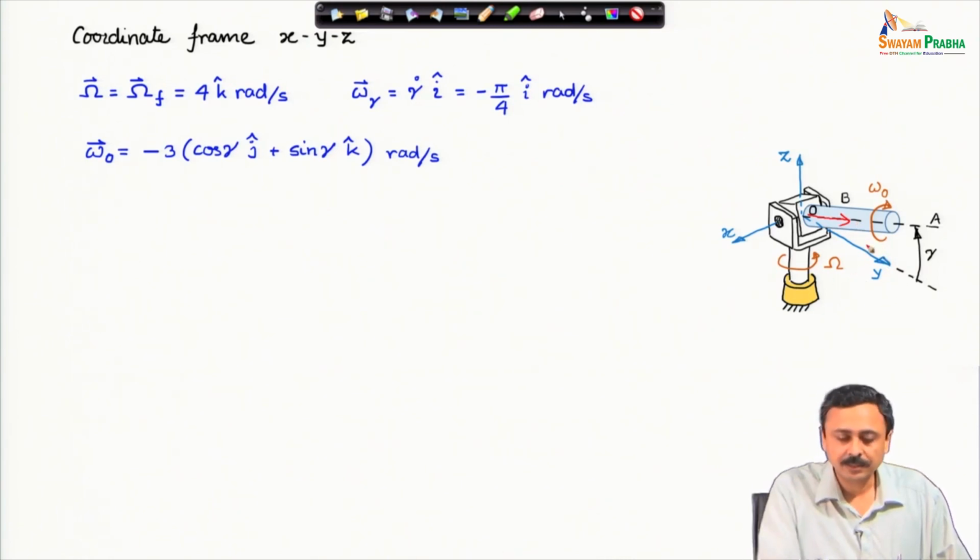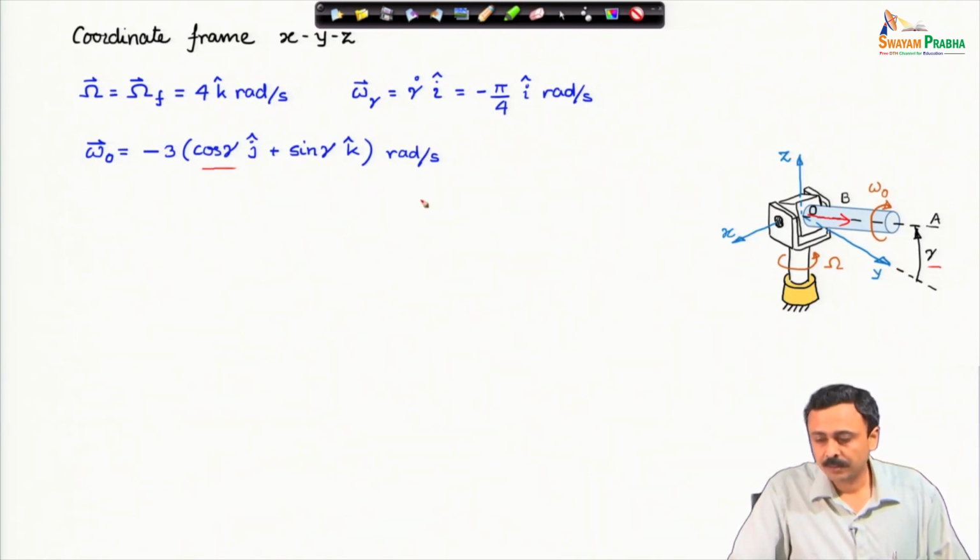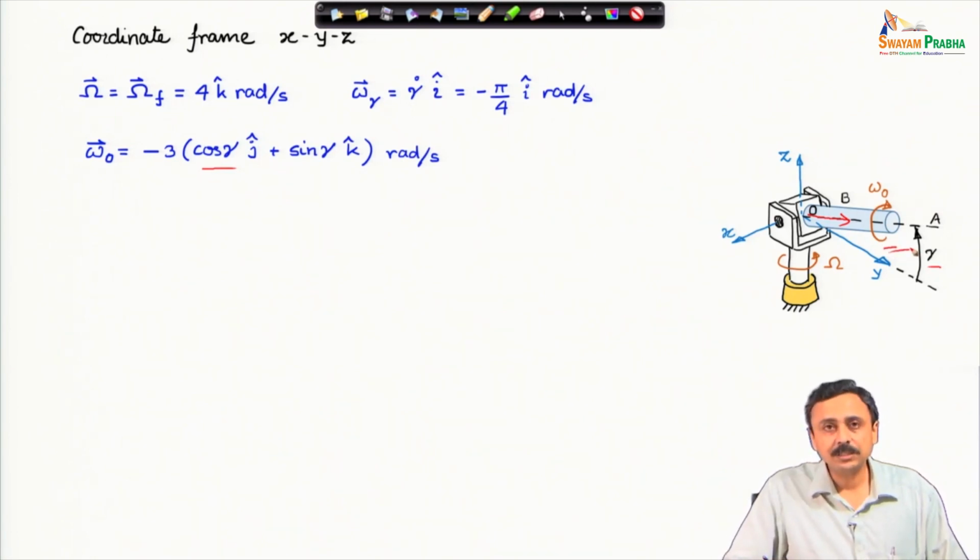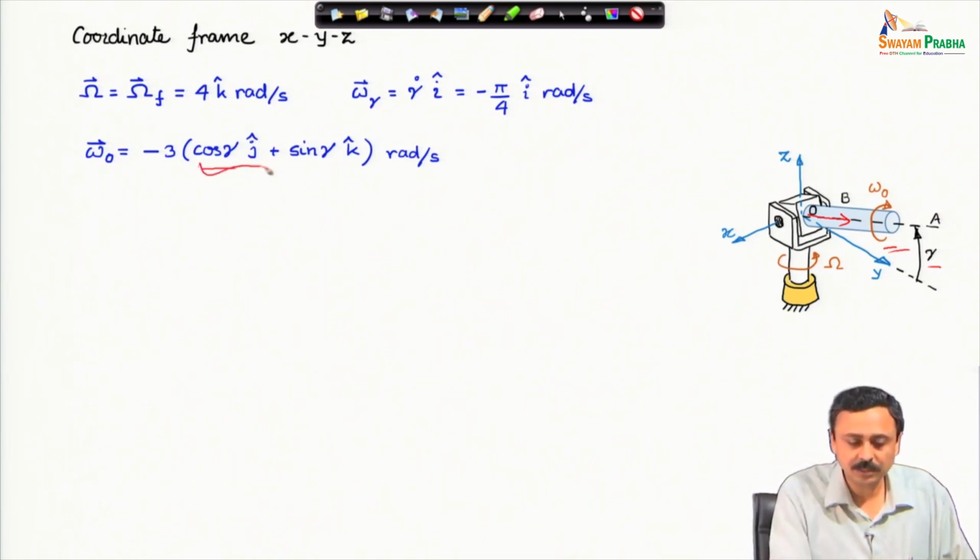I have done that. It is cos gamma j cap plus sin gamma k cap, this is gamma, and the spin is taking place in this direction, and therefore, it is minus 3 times unit vector OA. This is nothing but the unit vector OA.